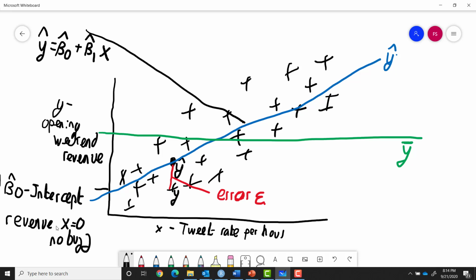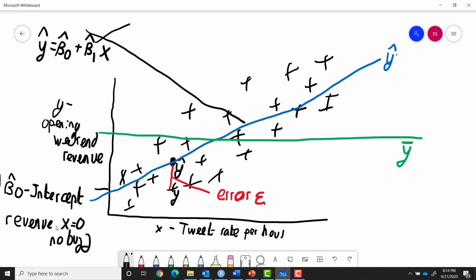Quite often you're not going to have a Y with 0 X. It's outside the range of the data. With regression, you get better predictions as you move to the center of the data. But this is the interpretation: the revenue at X equals 0.